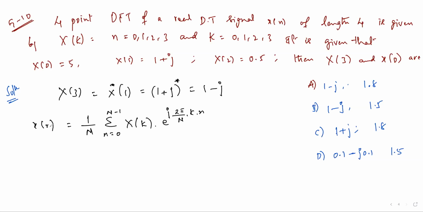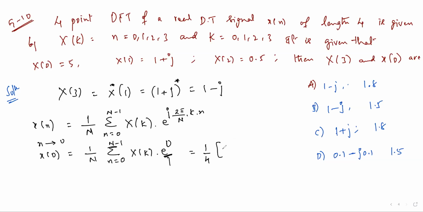What is x of 0? 1 by N, sum over k from 0 to N minus 1 of X of k, e to the power of 0, which means 1. So you need to calculate just 1 by N, N value 4, of the sum of all the values.